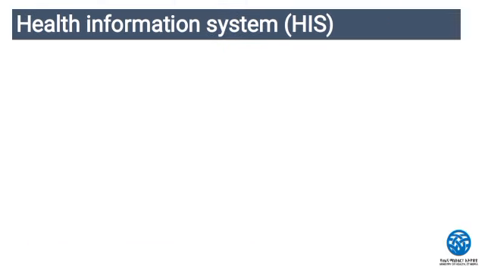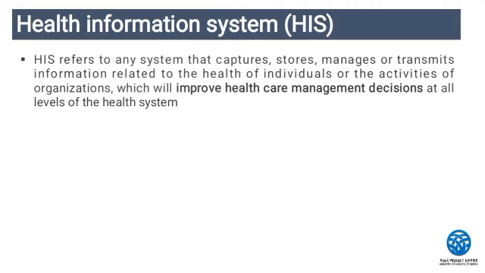Health information system, HIS. HIS or Health Information Systems refers to any system that captures, stores, manages, or transmits information related to the health of individuals or the activities of organizations, which will improve healthcare management decisions at all levels of the health system.